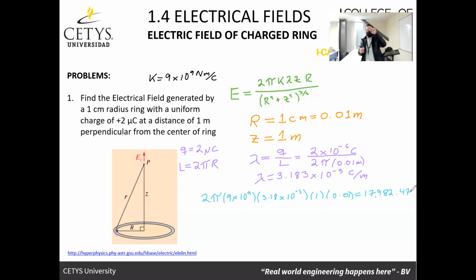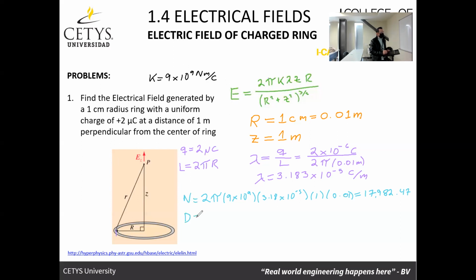You should be around the range of 17,000, but the rest of the value might be a little bit different. That's the takeaway: if we're working with very small values, they're very sensitive to the decimal. Everybody got the numerator correct.